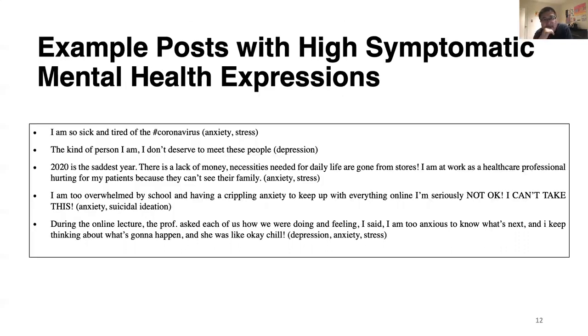Here I show, copied from the paper, some example posts of high symptomatic mental health expressions. As you can see, like, "I'm so sick and tired of the coronavirus," and "this kind of person I am, I don't deserve to meet these people," and so on and so forth.